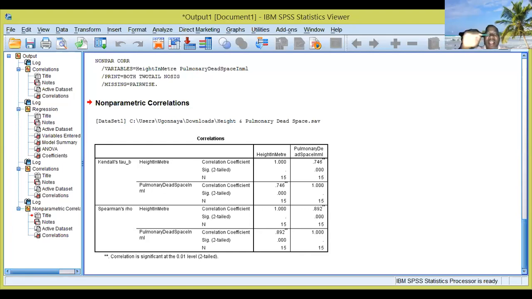Any question? Is there any question on this? My only concern is that we are using it for practice, but ideally the data is not suitable for this. Don't worry, the data set is not suitable. Tomorrow we're going to use it to do Kendall's tau.